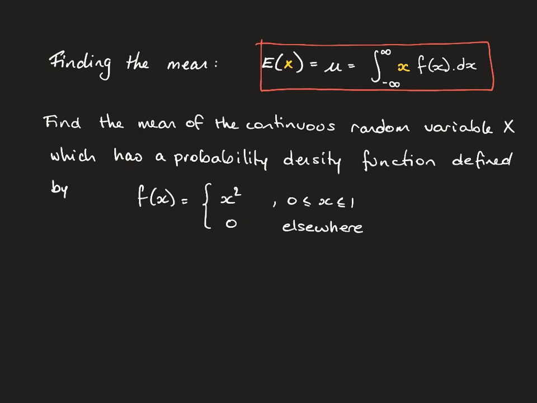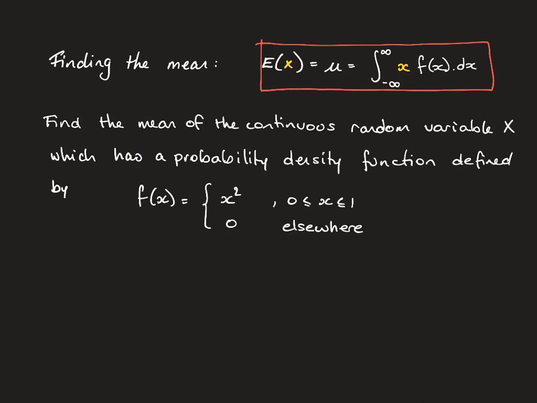So we need to look at where this function is actually defined. Here's an example. Find the mean of the continuous random variable x, which has a probability density function defined by a hybrid function. From 0 to 1 we're using the x squared function, and we're using 0 as our f of x value everywhere else.